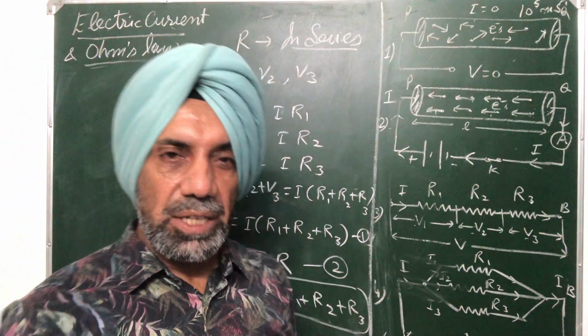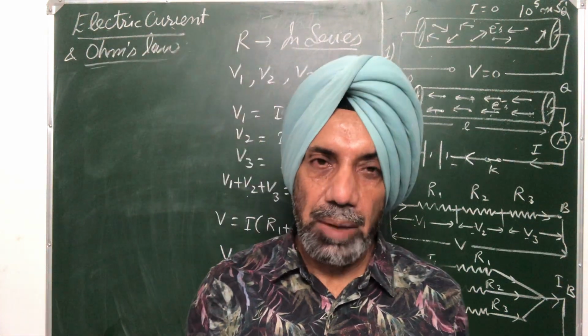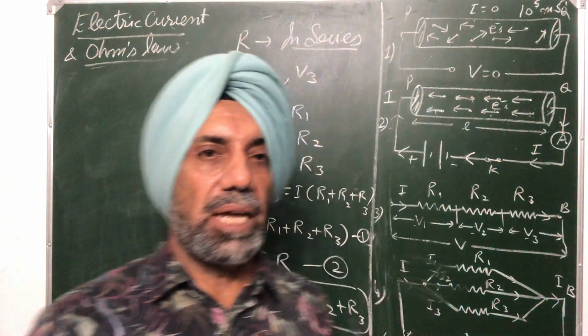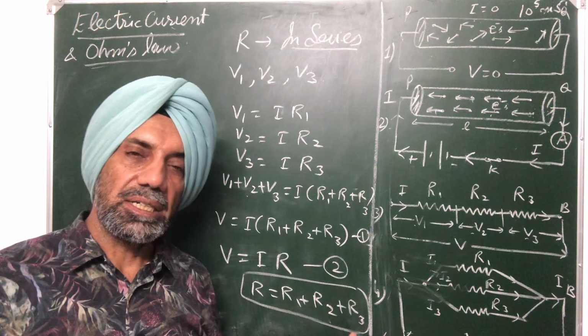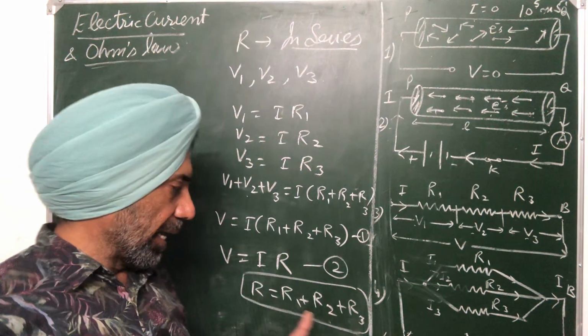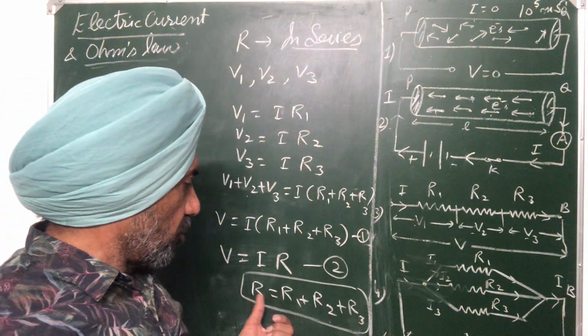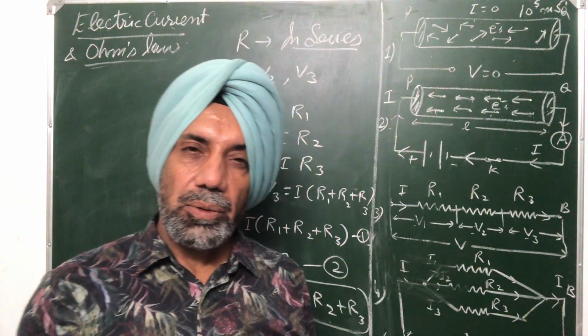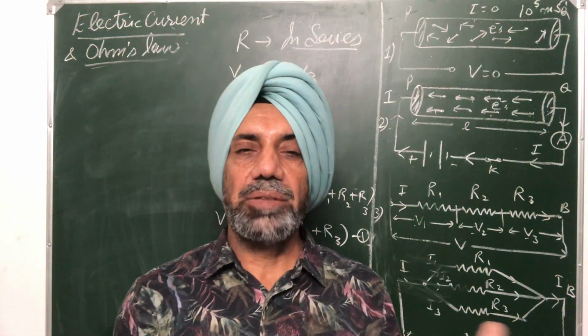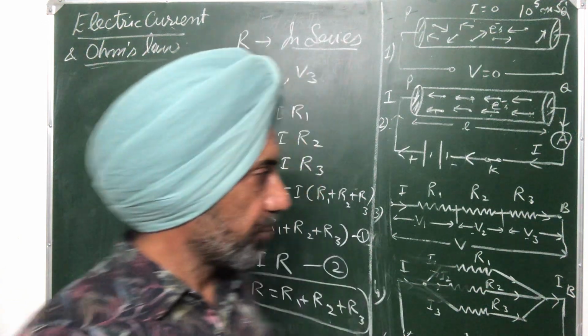So the total resistance in a series combination is equal to the sum of individual resistances, and the total resistance is more than any of the individual resistances.